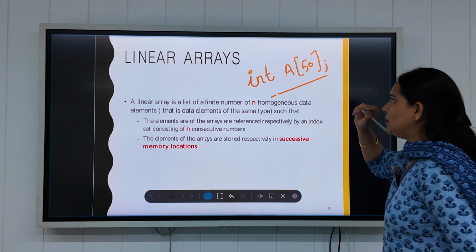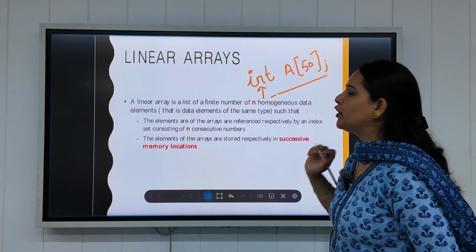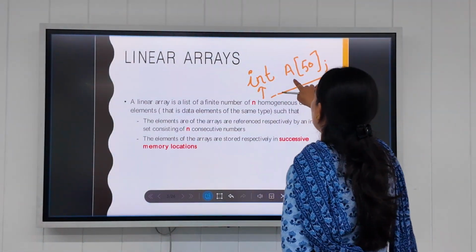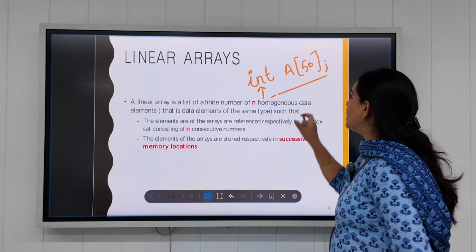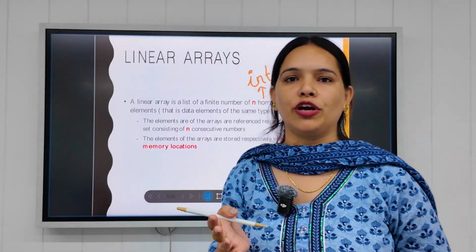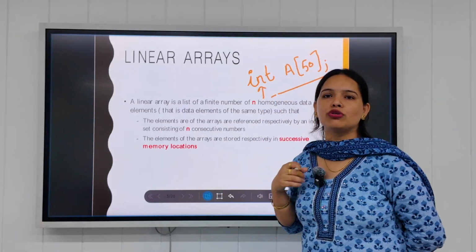Right here, what it is showing is that we have declared an array of integer type and its name. Basically, A is the name of the array, and what is 50? 50 is the consecutive memory locations which we are talking about. We can access those locations to store the data.